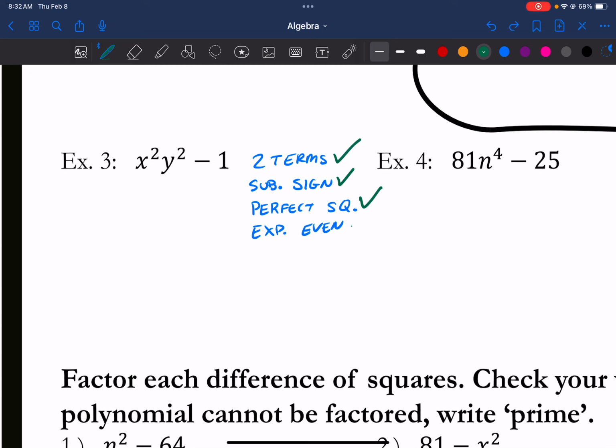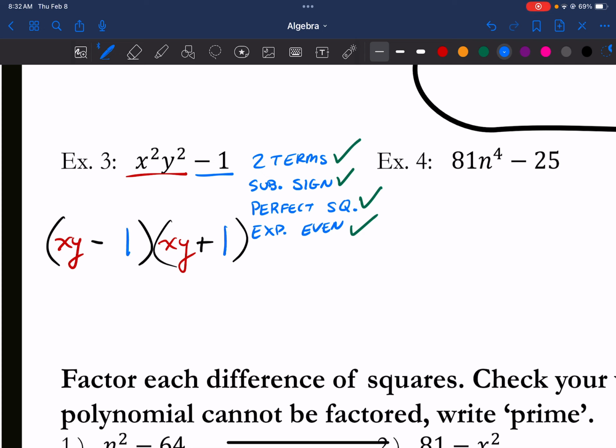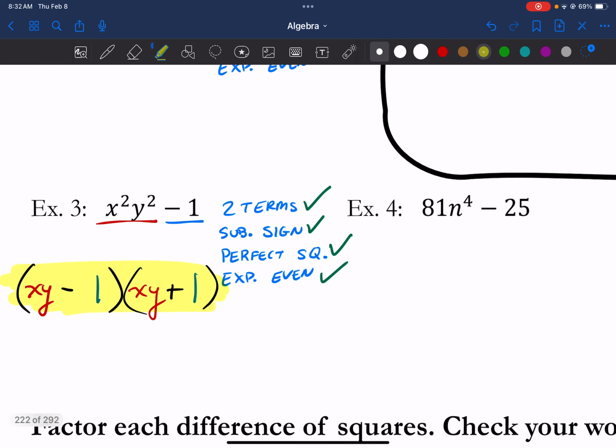Yes. Let's go ahead and set it up. Do the plus and minus. It does not matter where this plus and minus go. This gets split into x and y, and this one gets split into 1 and 1. Here's our final answer. Go ahead and try numbers 4 and 5, since we've tried numbers 1, 2, and 3.